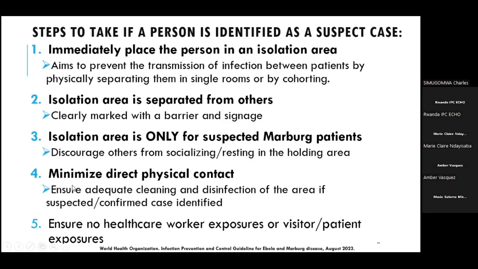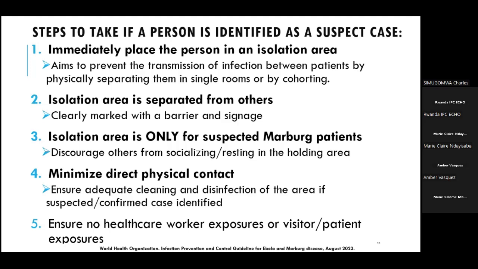We have to minimize direct physical contact as much as possible, but we must ensure adequate cleaning and disinfection of these areas. And as we are going to see, when cleaning the environment, you have to go from clean to dirty. We have to ensure that there is no healthcare worker or visitor exposure in our isolation by putting in place all those restriction measures.